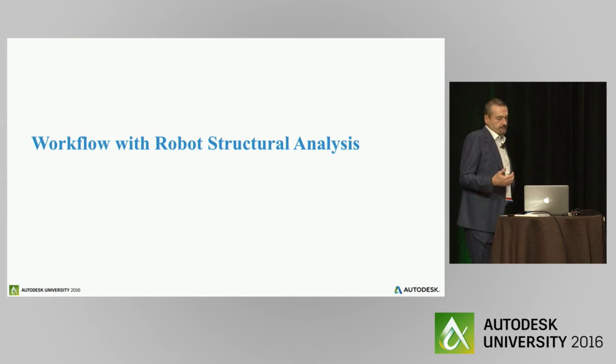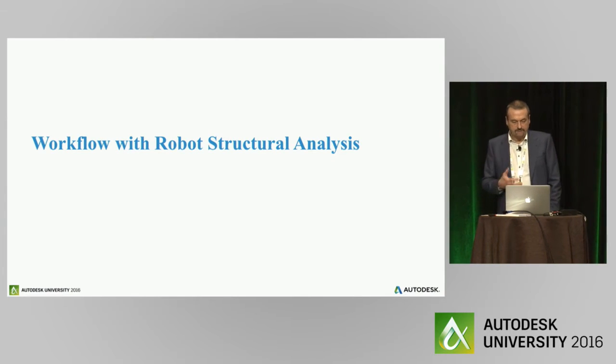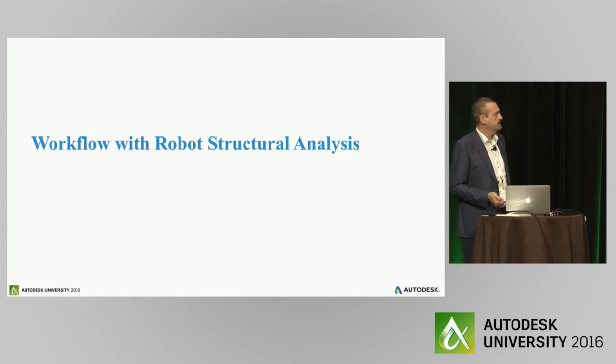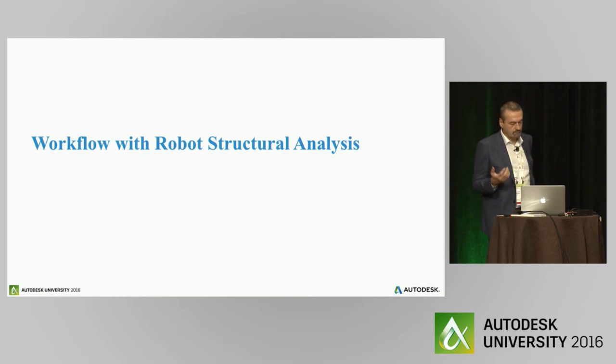So it was about the theory behind this solution, but maybe it is not so important for daily practice. For daily practice, the product has to be incorporated in your workflow, and so we connect this software with most of Autodesk structural software.